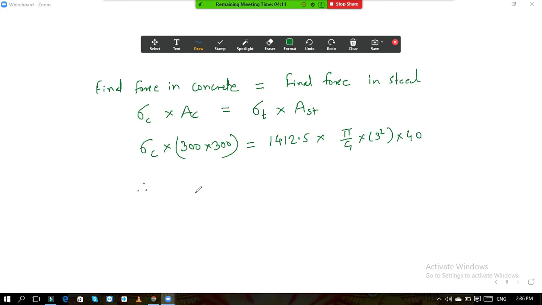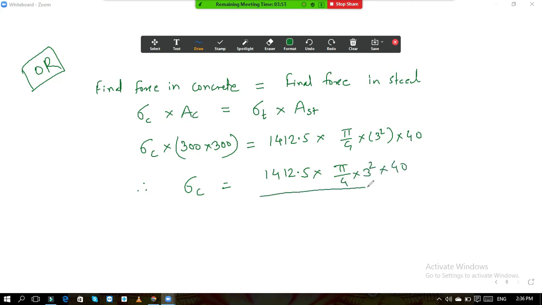If you reshuffle the terms, sigma c is equal to 1412.5 into pi by 4 into 3 square into 40, whole divided by 300 into 300. If you solve this also, you will get the same answer, 4.438 Newton per mm square.